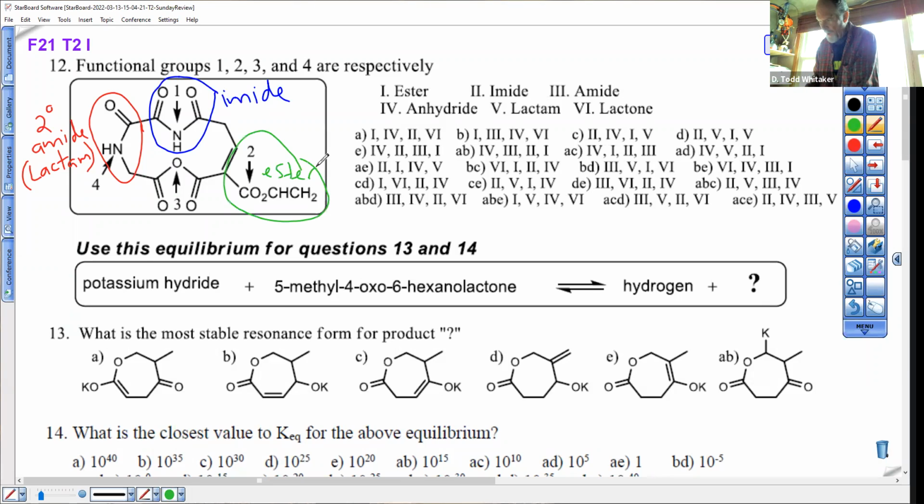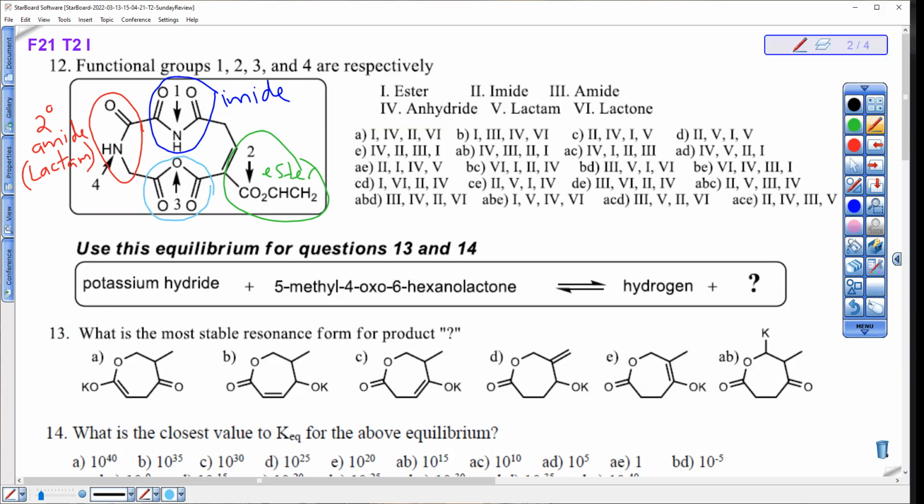That's not in a ring, so you can't call it a lactone. And then the last one has a carbonyl with O's attached. That's 2 carboxylic acids linked together with water missing. You guessed it, it's called an anhydride.